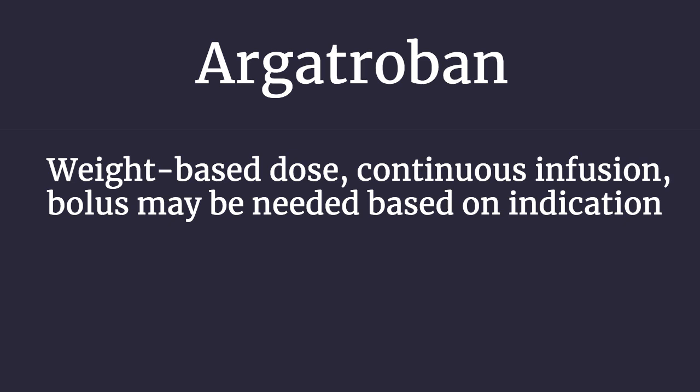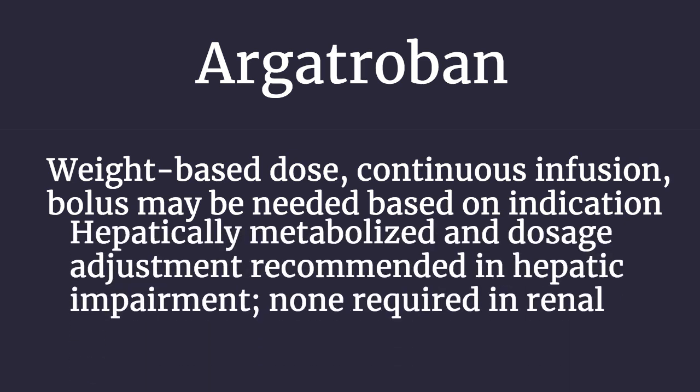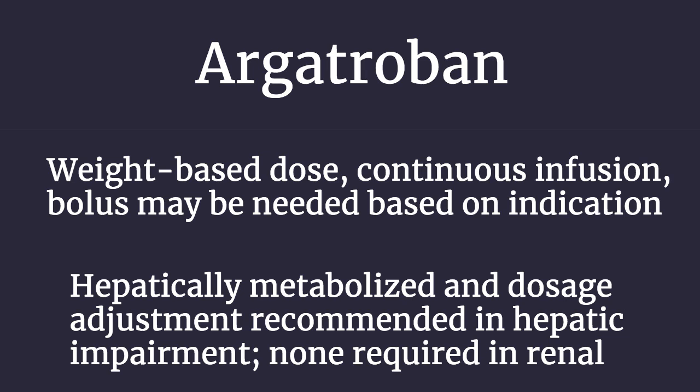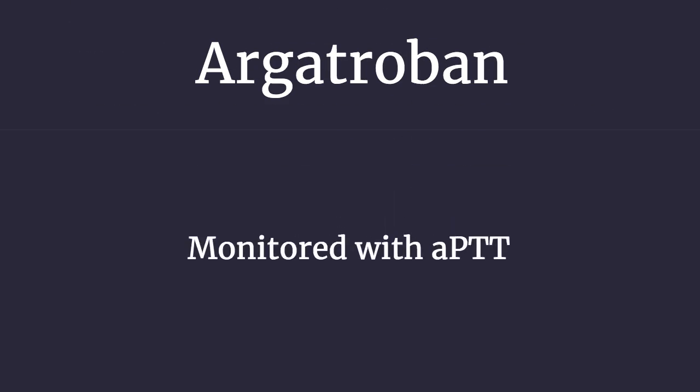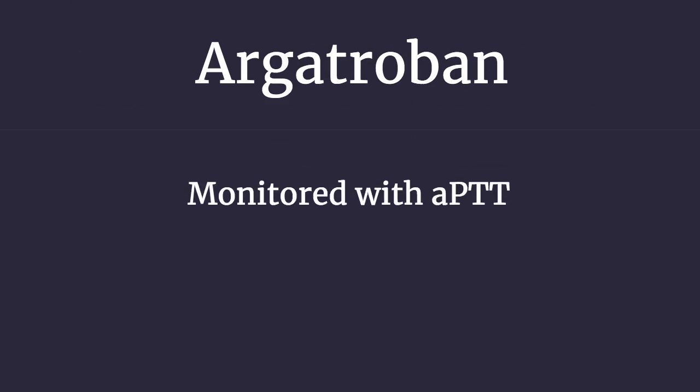So this one is primarily hepatically metabolized, and so dosing adjustment is recommended in patients who have hepatic impairment. However, in patients who have renal impairment, no dosage adjustment is required. The effect of anticoagulation with argatroban is monitored with APTT.